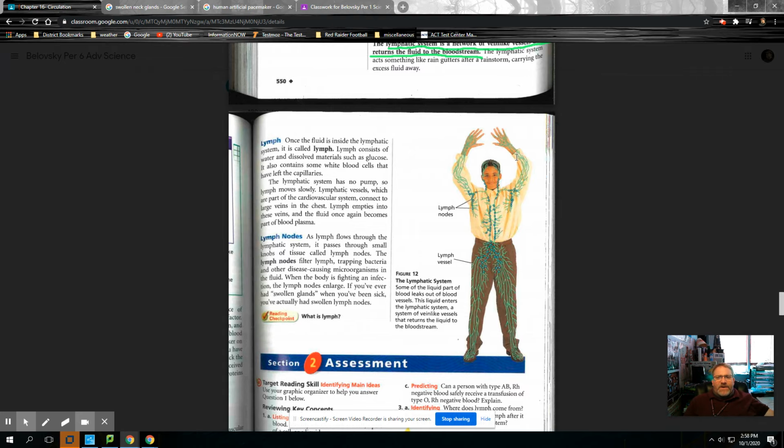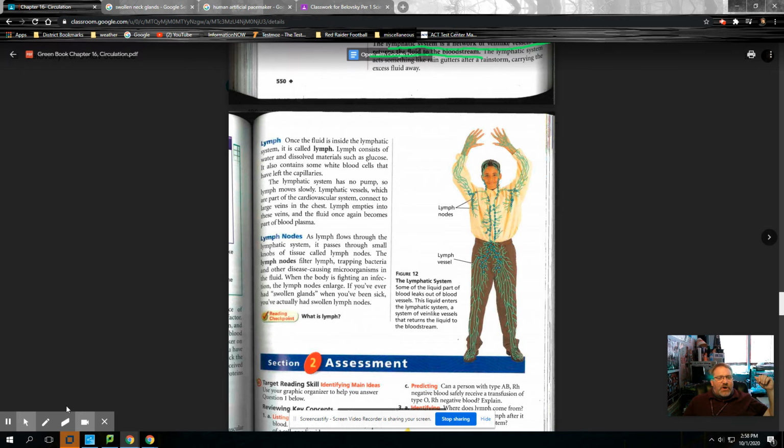Now, if you look at this boy right here, it shows you where the lymphatic system runs throughout your body. And all of these are little vein-like structures that are trying to catch this stuff. So inside these structures is something that is called lymph. So what is lymph?